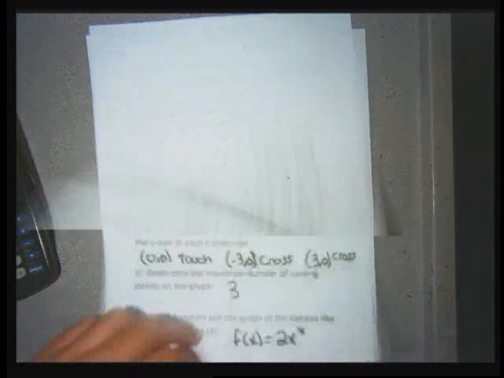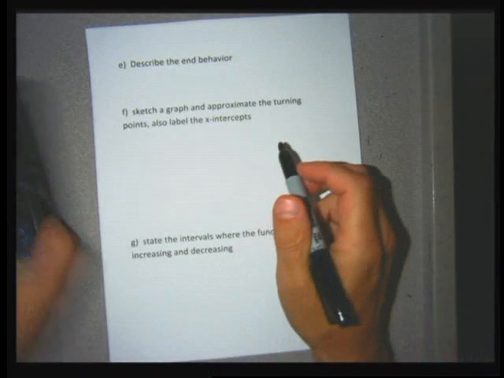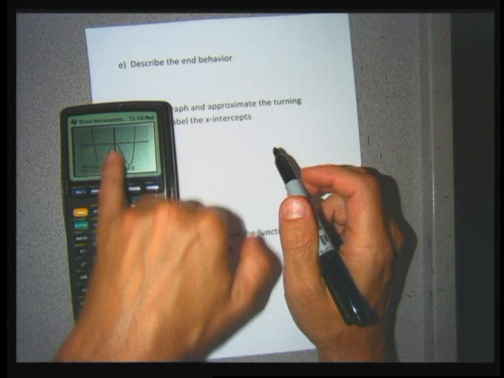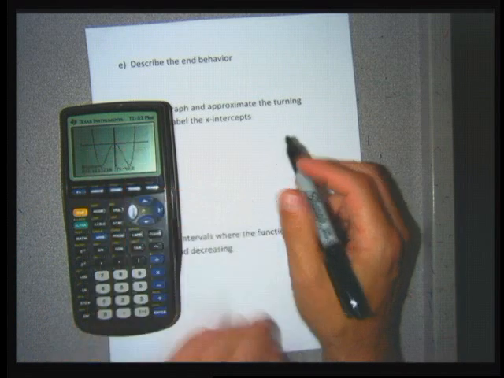So let me make a copy of that graph. So I have x-intercepts at negative 3, and positive 3 and 0. At 0 it touches, at the 3s it crosses.